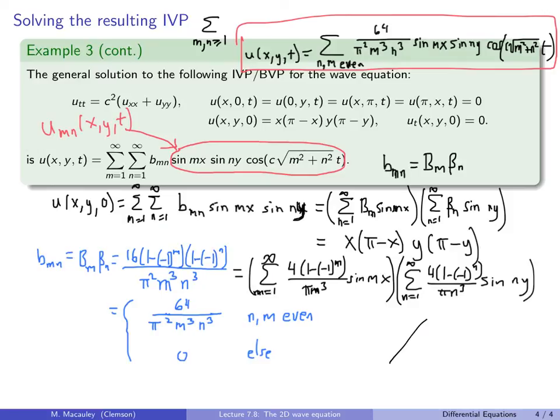So again, a little picture of what we have: this trampoline in this sort of balloon initial shape, we've stretched it out like this, and we've let it go. This represents the frequency in the time direction, and this represents the frequency in the x direction and in the y direction.